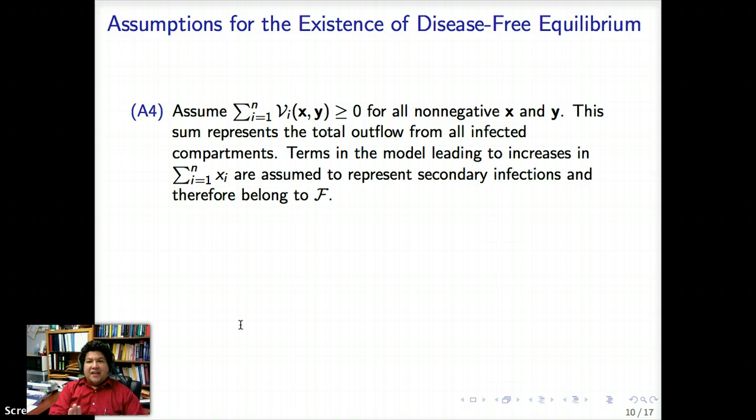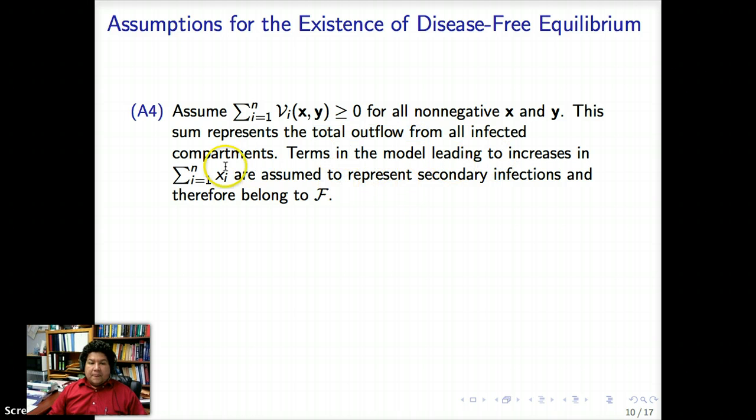These are just technical considerations to make sure that this model in this form is well posed. Then we have another constraint about making sure that that net outflow, when added up over all possible components, is adding up to a non-negative number, and this sum represents the total outflow from all infected compartments. Okay.